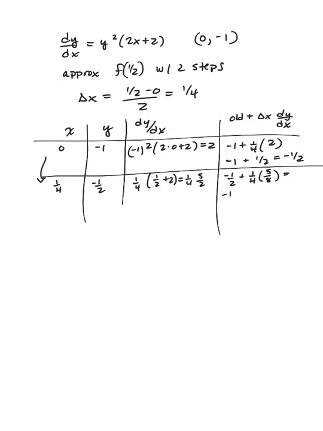Okay, so doing this math, I get -1/2 plus 5/32, which is -16/32 plus 5/32. So that's -11/32. Okay, so that would be my answer. So at 1/2, my approximation is -11/32.